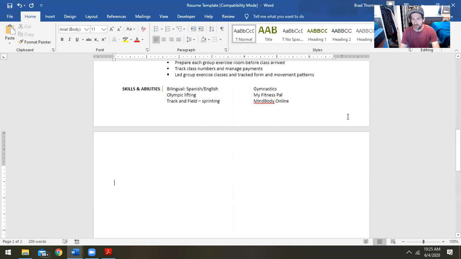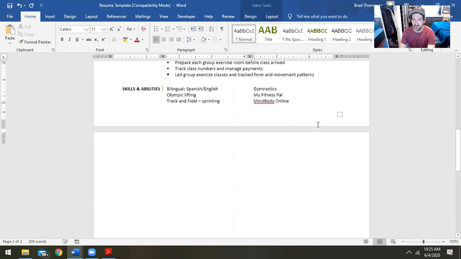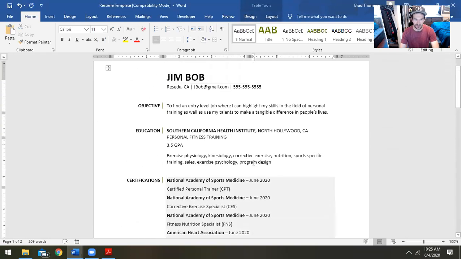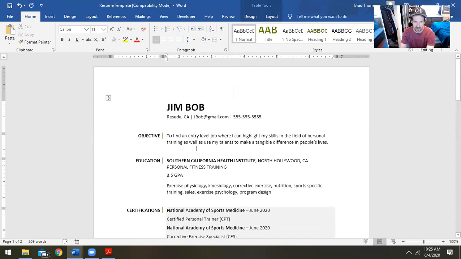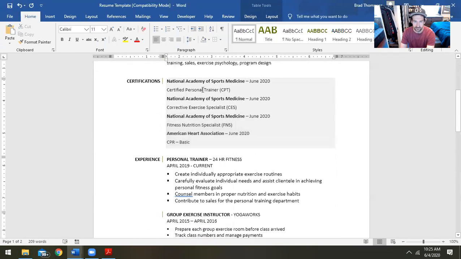All right, so now we got the problem of we just got to get rid of this last little page here, because it's got a little bit of extra stuff. So we are going to just ever so slightly change. We made this a little too big. I don't know that I love this.